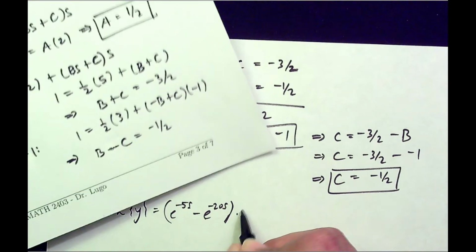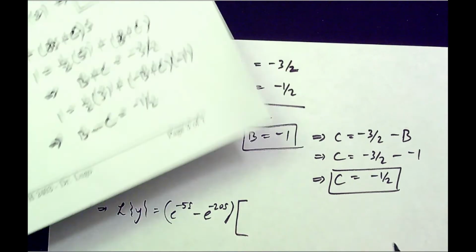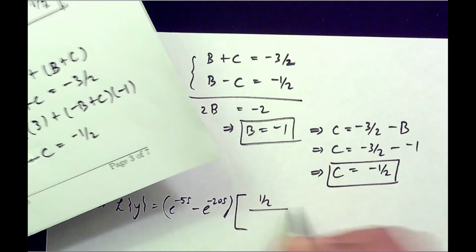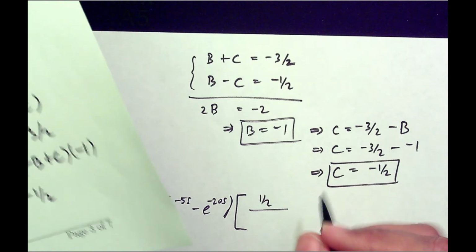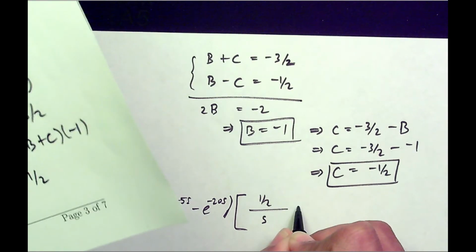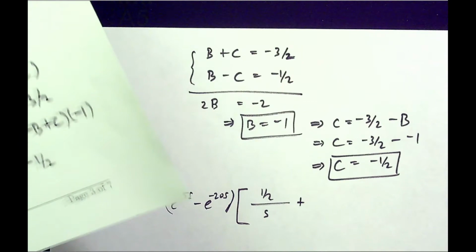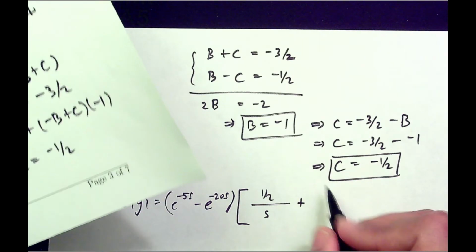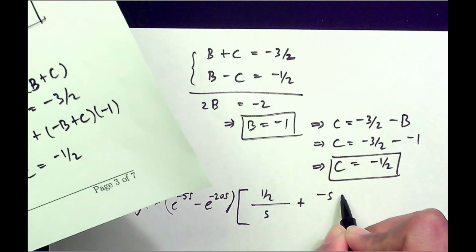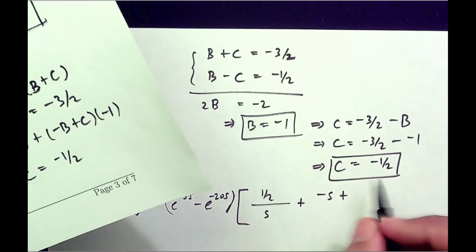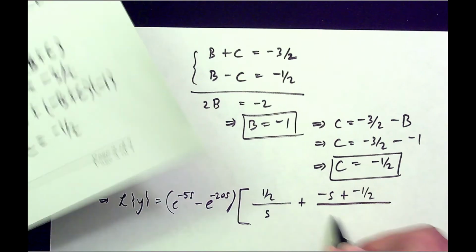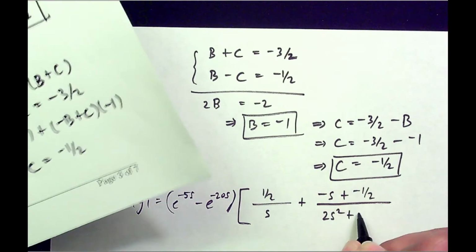So times a equals 1/2, so 1/2 over s, plus bs plus c. What is b? b is negative 1, so negative s plus c, c is negative a half, all that over 2s squared plus s plus 2.